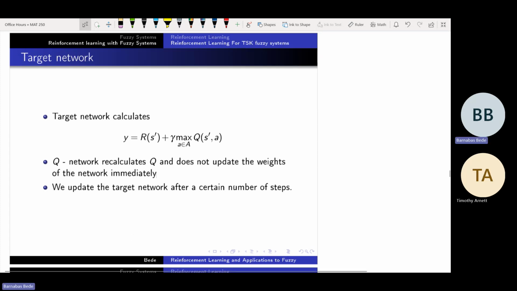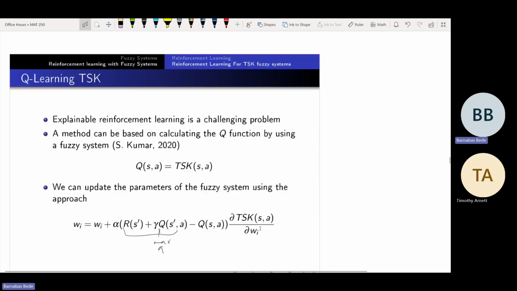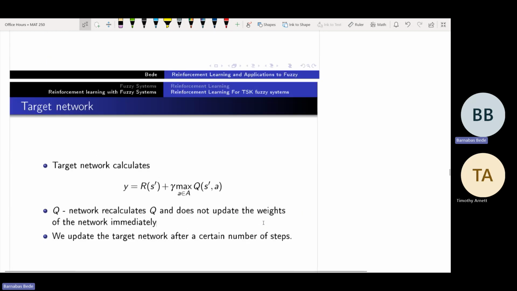So we update the parameters based on the equation for the TSK update here, using the Y, the target function. But we don't do it every step. We do it after a certain number of steps.